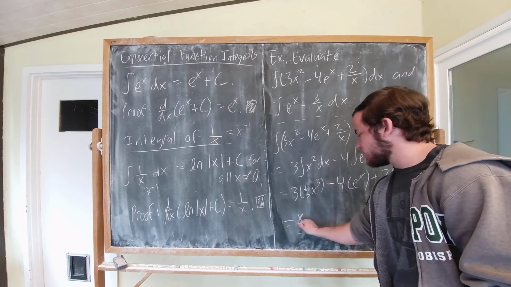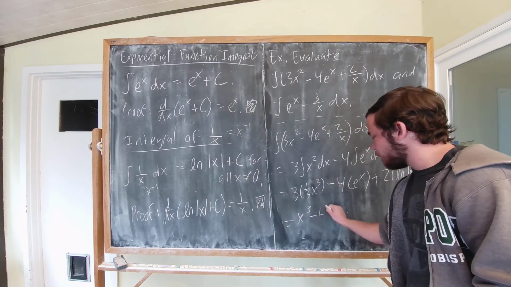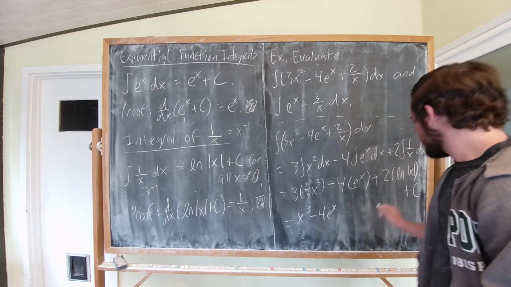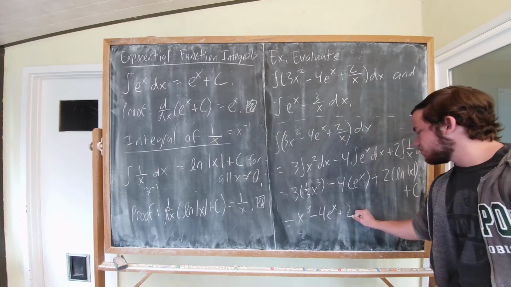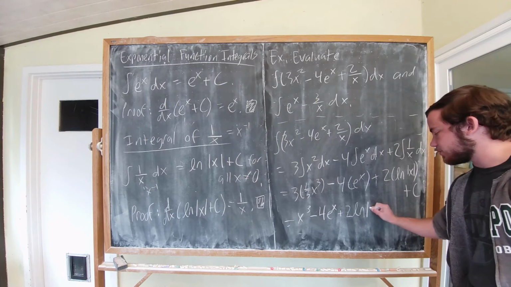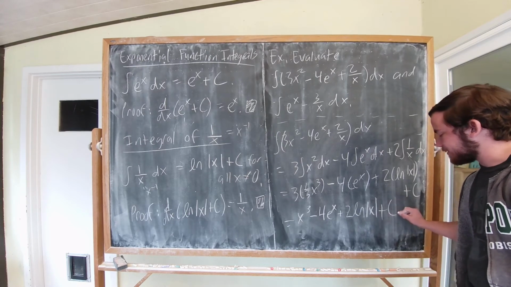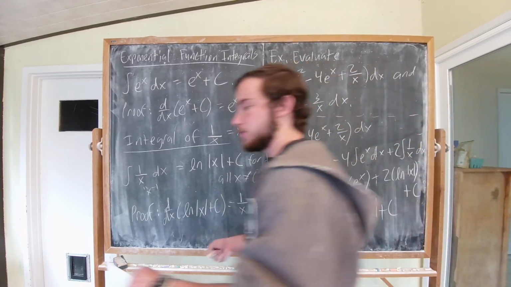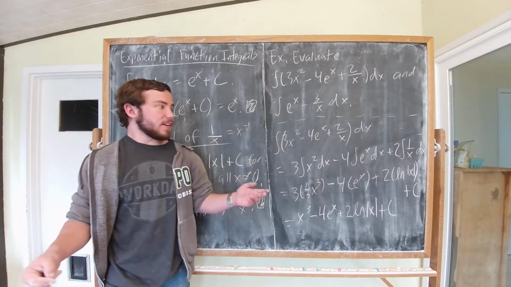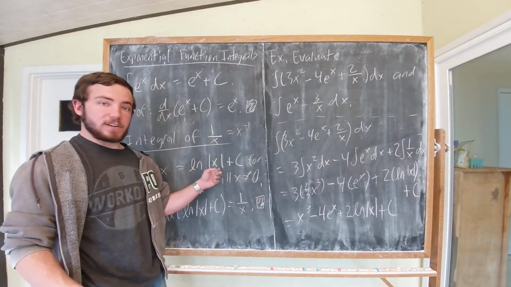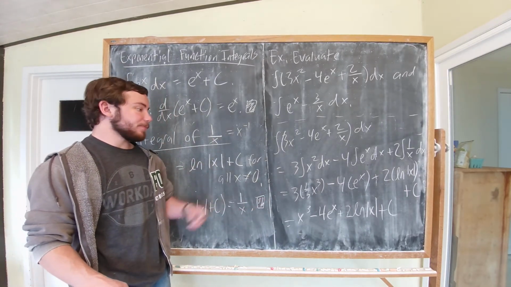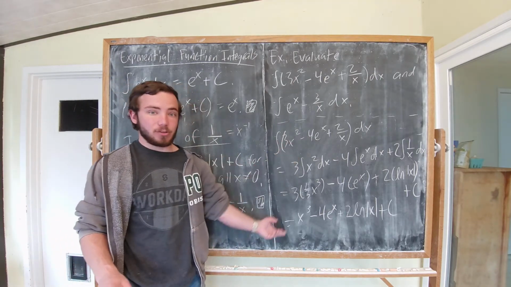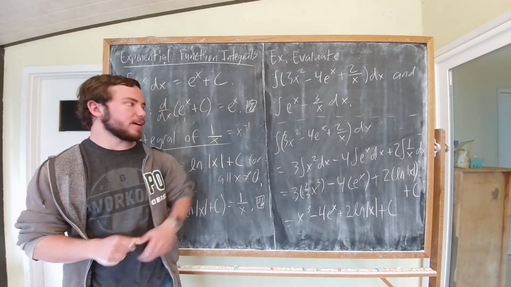Simplifying, that gives you x cubed minus 4e to the x plus 2 natural log of the absolute value of x plus c. So again, even though coming up with these rules is not necessarily the nicest thing in the world, once you have them, integrals tend to be pretty straightforward.